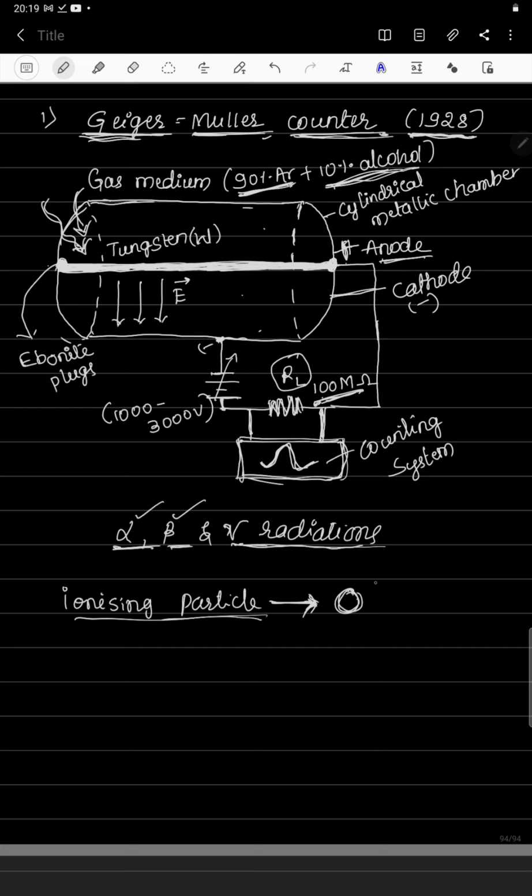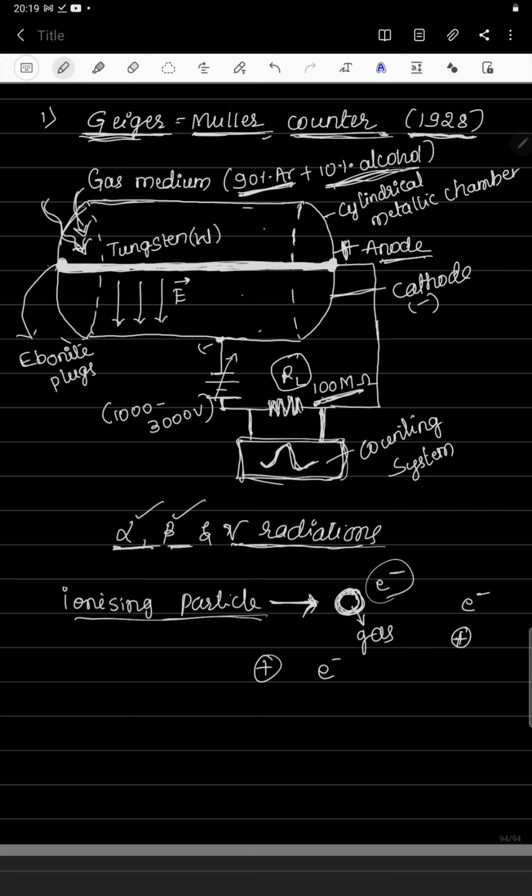The outermost electrons are knocked out from the outermost shell of the gas. Then there is emission of the electron, and the gas molecule becomes a positive ion. There will be creation of the positive ion and the electron.